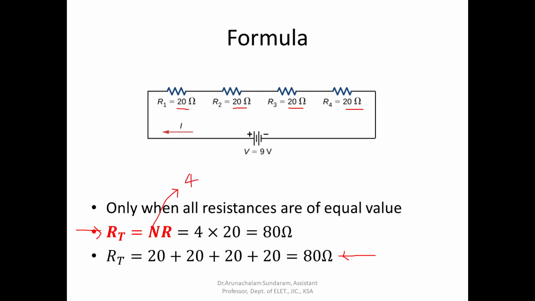And R is the value of the resistance. So what is the value of the resistance? It is 20. So 4 into 20 is 80 ohms. Whichever method is comfortable for you, you can follow. But you can use the given formula only if all resistances have the same value. Otherwise, you cannot use this formula.